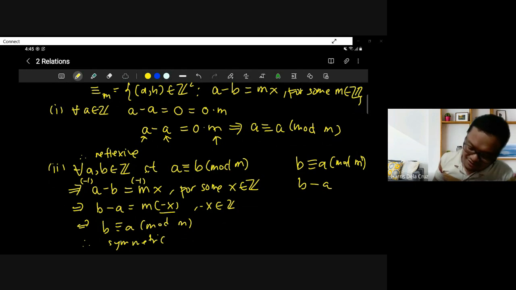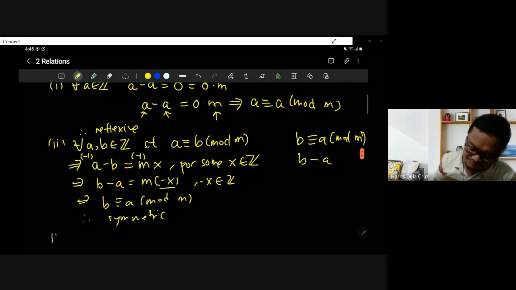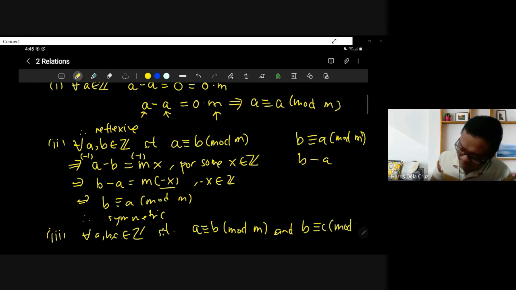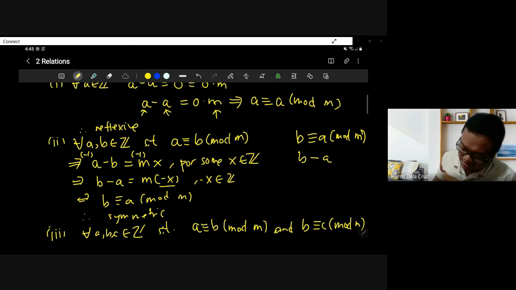Okay. Next, transitive. For every A, B, C, at this point, dapat kabisado nyo na yung transitivity property. So, ano ang kailangan i-such that? A is congruent to B mod M, and B is congruent to C mod M. Tatlong numbers pag pinapakita transitivity.